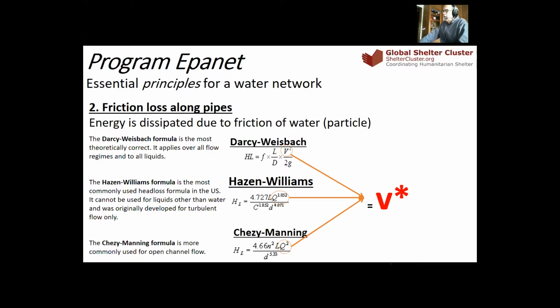So that's why you might need to decrease the energy of the water, and one way to do that is to decrease the size of the pipe. In doing that, the speed will dramatically increase and the friction loss will also increase exponentially. Another way to decrease the energy is with energy reduction valves.